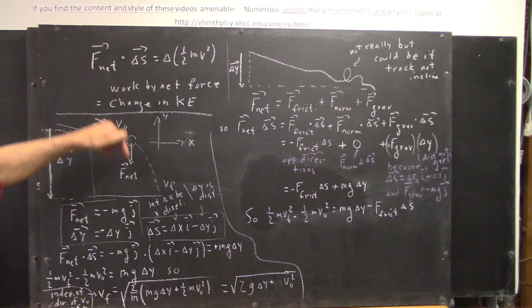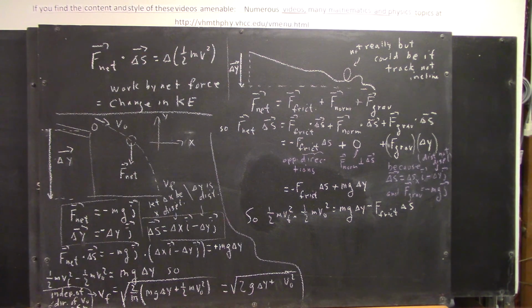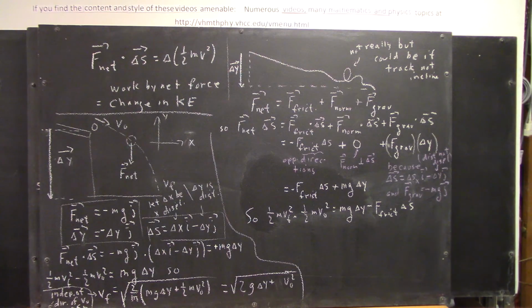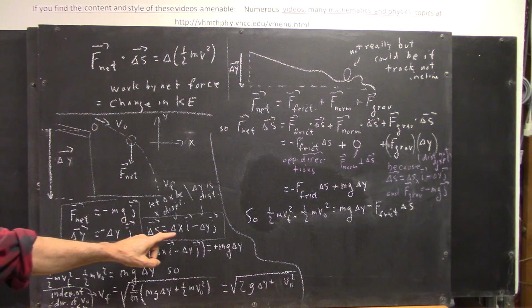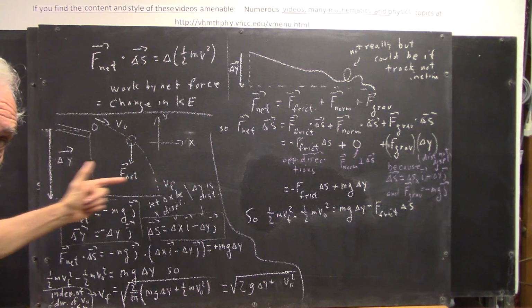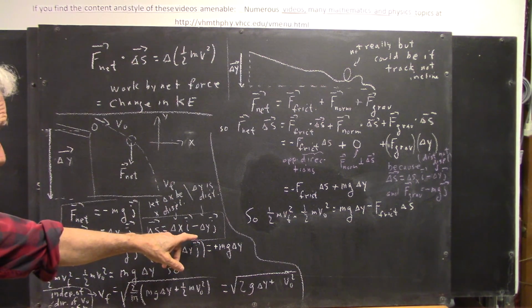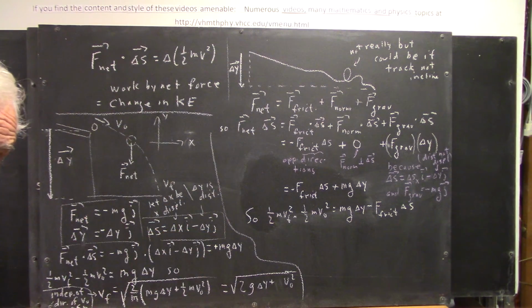Since the net force is constant throughout, because the net force is just the gravitational force, we can just express the work as F net dot delta S. We don't have to do an integral or anything. So we have a delta S vector, which is just our delta x, whatever our displacement in the positive direction is, minus delta y j, which is our displacement in the y direction.